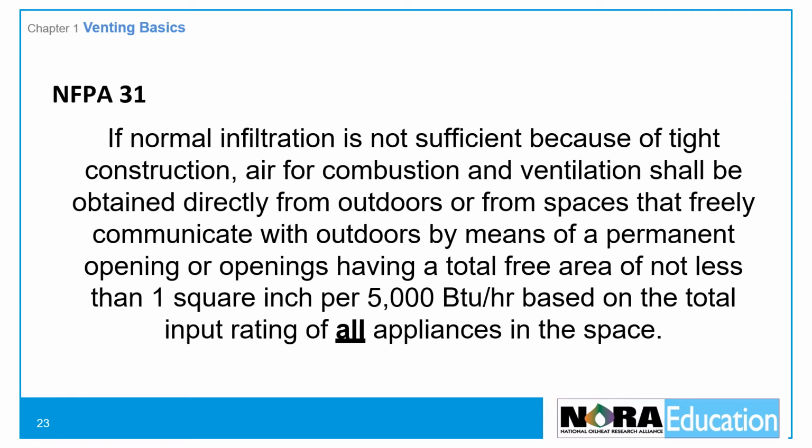If normal infiltration is not sufficient because of tight construction, air for combustion and ventilation shall be obtained directly from outdoors or from spaces that freely communicate with outdoors by means of a permanent opening or openings having a total free area of not less than 1 square inch per 5,000 BTUs per hour based on the total input rating of all appliances in the space.